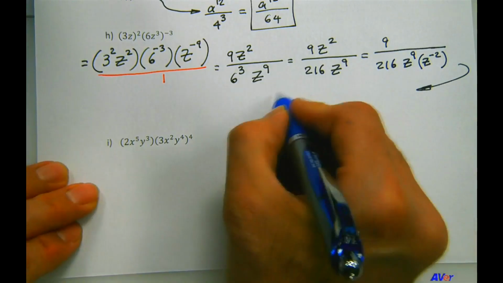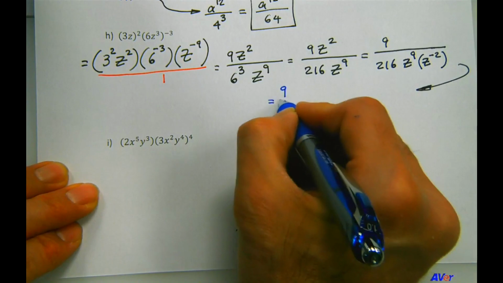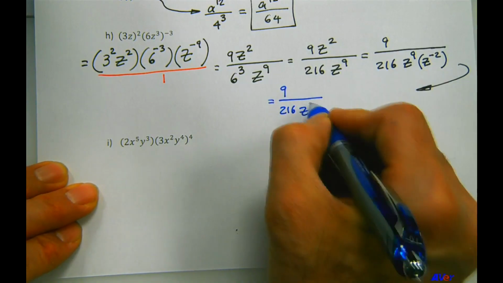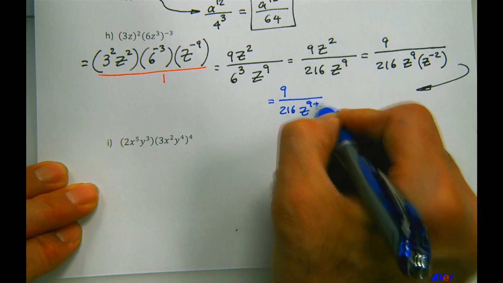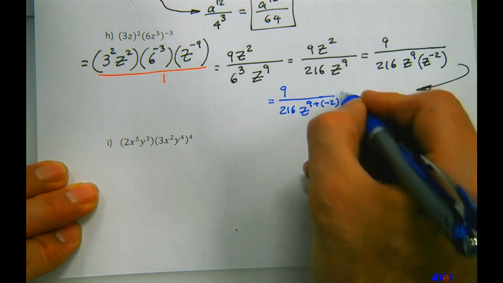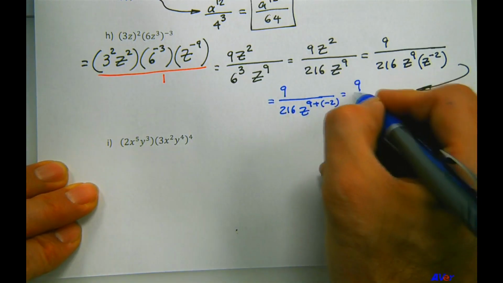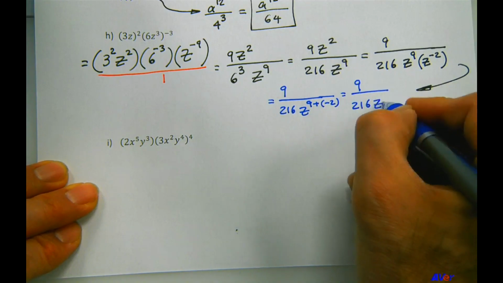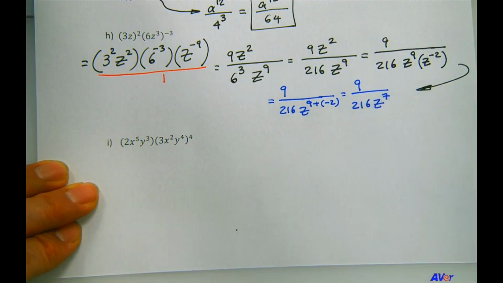We can write 9 over 216 z to the 9 plus minus 2. So that'll be 9 over 216 z to the positive 7.